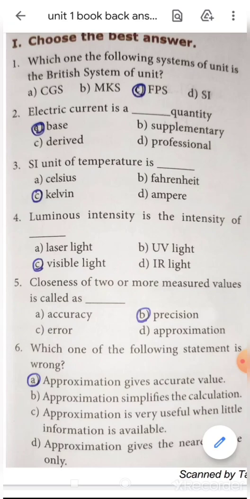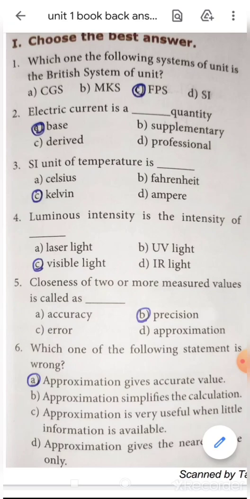Approximation is very useful when little information is available, that is also correct. It is useful for approximate values like 400, 500. Approximation gives the nearest value only, not accurate. So B, C, D are correct, only A is wrong.